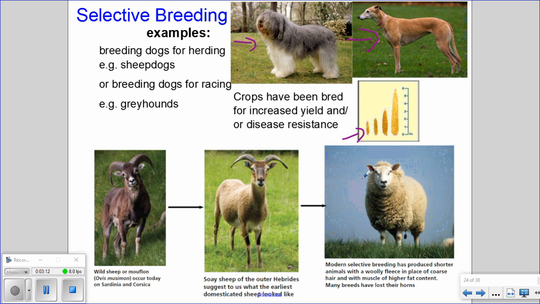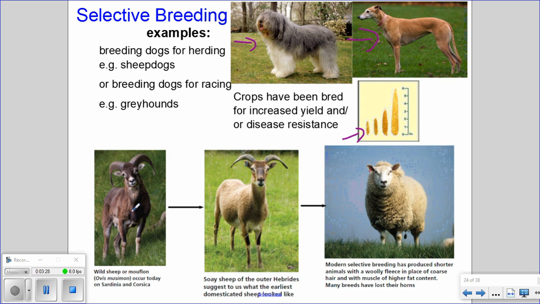Another example includes sheep. Here we have the sheep that we would attribute to a typical farm that has nice thick fur. But there are wild sheep that occur in some parts of the world.